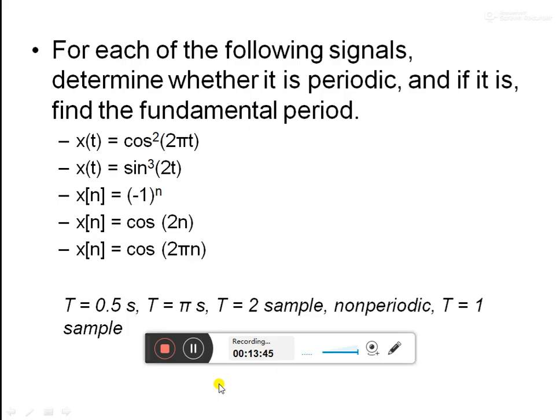For the first one, if I take the coefficient of t as 2 pi, your omega is equal to 2 pi. Sorry, my f will be equal to 1.